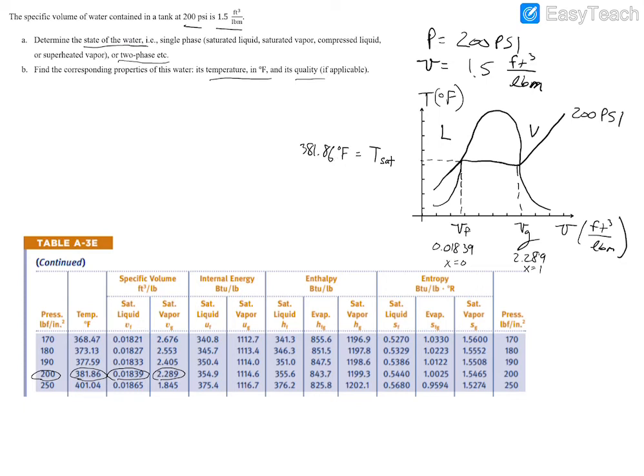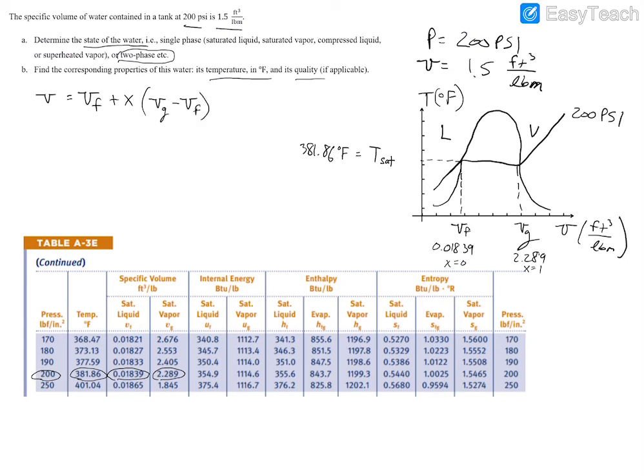Therefore, we know we're going to have a two-phase mixture, but to find out what the actual quality is and where exactly we are along this curve here, we know we're going to be somewhere on this flat line. We just don't know where exactly we're going to be. We can use the relationship that specific volume is going to be equal to the saturated liquid's specific volume plus the quality times the difference between the specific volume of a saturated vapor minus the specific volume of a saturated liquid.